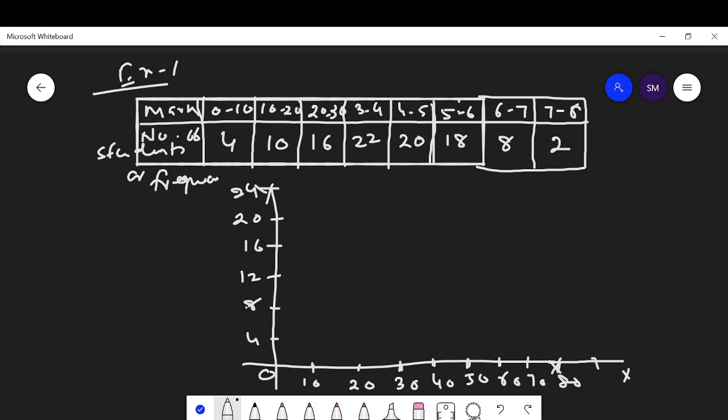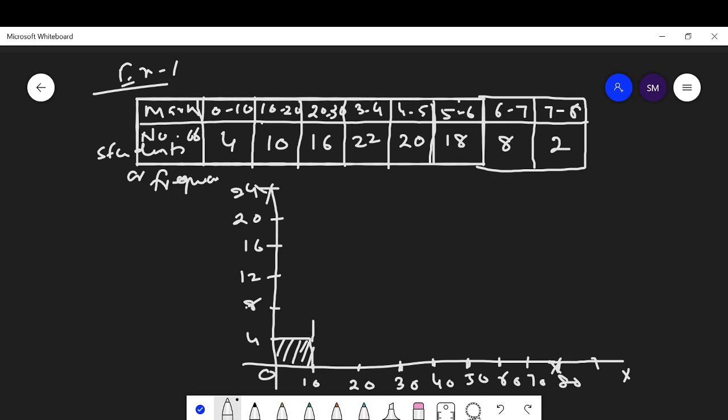Look at the basic difference between a bar graph and a histogram. Between 0 to 10, how many students score? 4 students score. Draw the rectangle like this. Then between 10 to 20, 10 students, which is between 8 and 12.